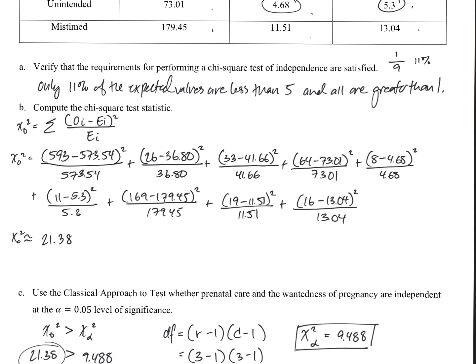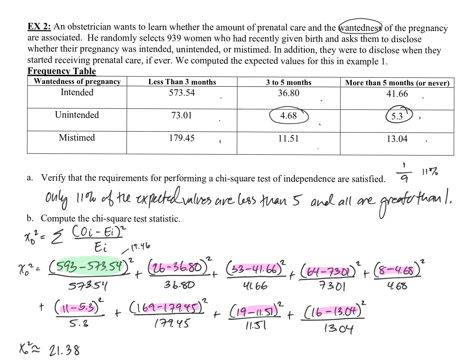If we compute the differences between all of these, the one that has the greatest difference is this one here. That difference is 19.46, which you don't actually need to know the real number, but it is greater. So that's the greatest difference, and that is the intended and less than 3 months.